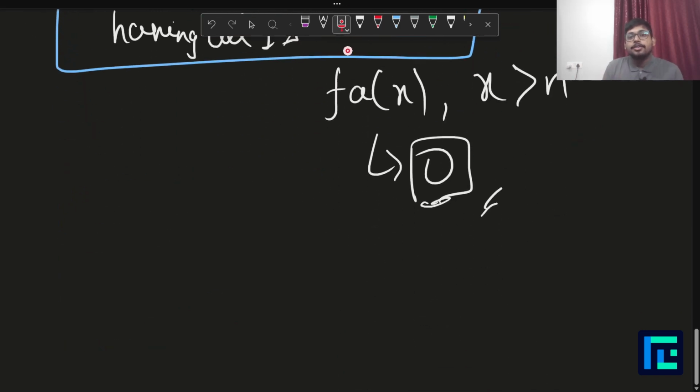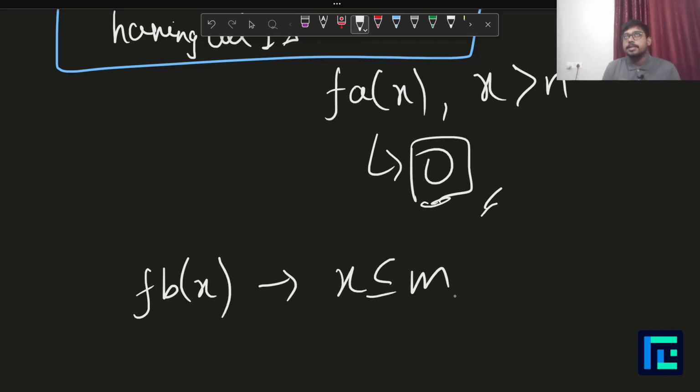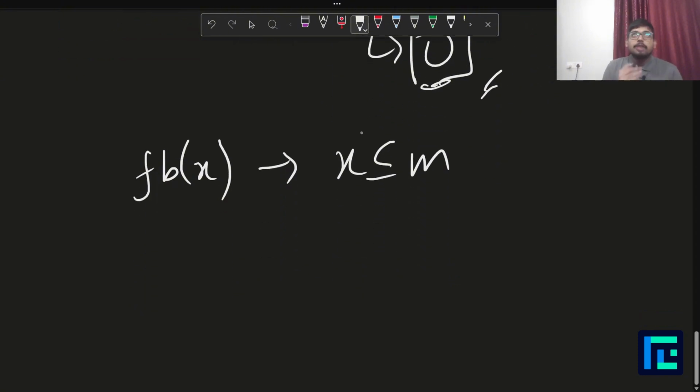And in the same way for FB of x, we need to compute for all x less than or equal to m, where m is the size of array B. So now how do we compute this function? That's the next problem for us.